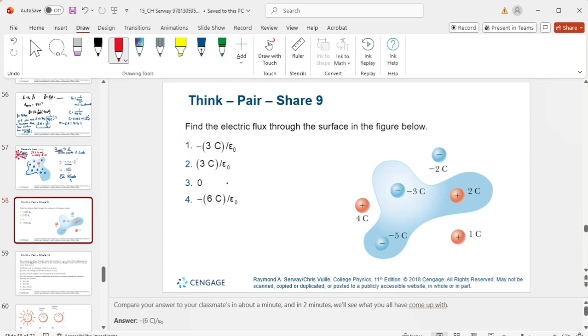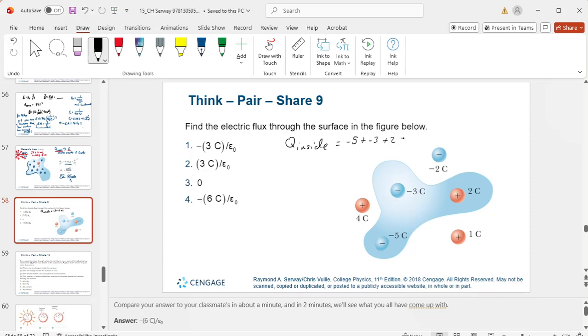So just as another really quick example, find the electric flux through the surface of the figure below. The entire program that we just argued is that it's only Q inside that contributes to flux. So my Q inside is going to be equal to -5 plus -3 plus 2.